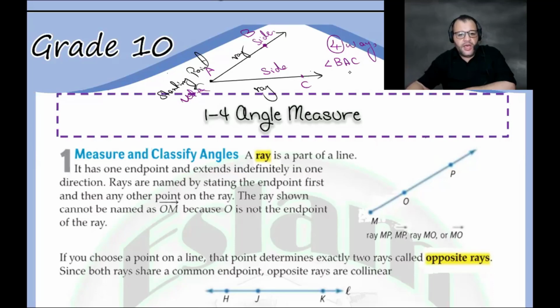So BAC or CAB. You have to write the vertex in the middle. Or you can say it's called angle A. Or you can just write a number here, so it could be angle number 1. So that is the names. We can name the angle with three letters, or the name of the vertex, or with a number labeled inside the angle.